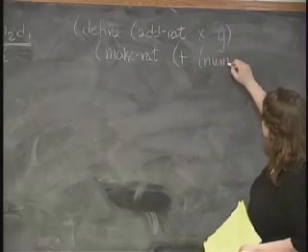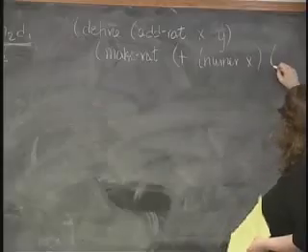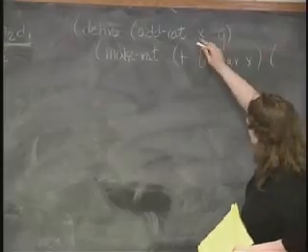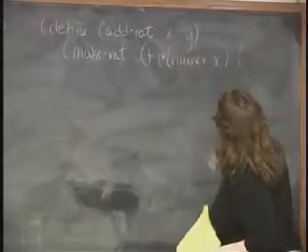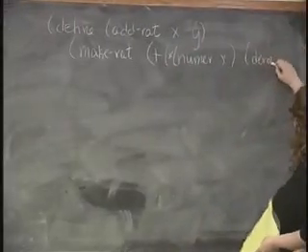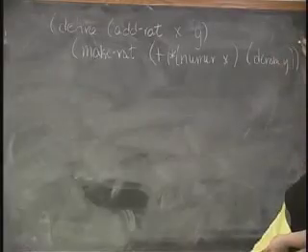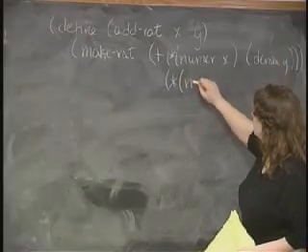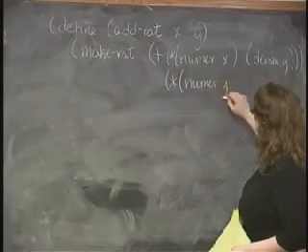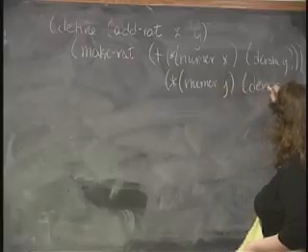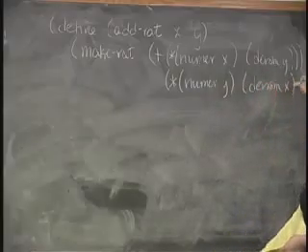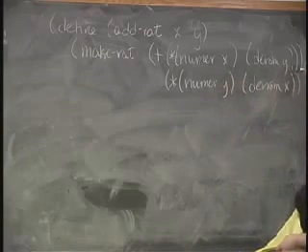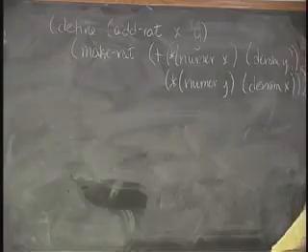So we'll take the numerator of x, times the denominator of y, added to the numerator of y times the denominator of x. So this is our numerator.